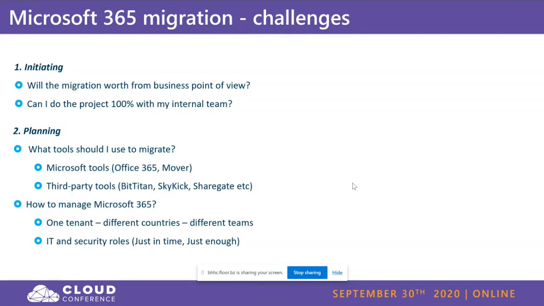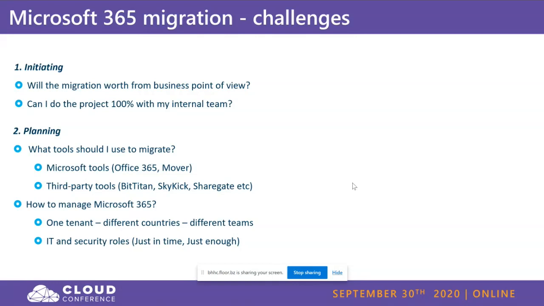So what do we have to use? When should I use Office 365 tools? Is it worth it to migrate with Mover, or why should I use third-party tools? Because third-party tools will have a cost associated, of course. And I have put here BitTitan. In our latest project, we have used BitTitan.